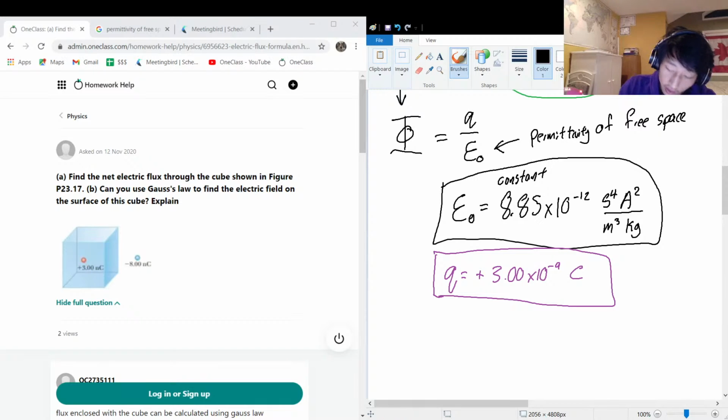Okay, so if we want to calculate the electric flux, well, we just do that division real fast. Times 10 to the negative 9 coulombs, all divided by 8.85 times 10 to the negative 12 seconds to the 4 amperes squared per meters cubed kilograms. I said seconds to the 4. Okay.